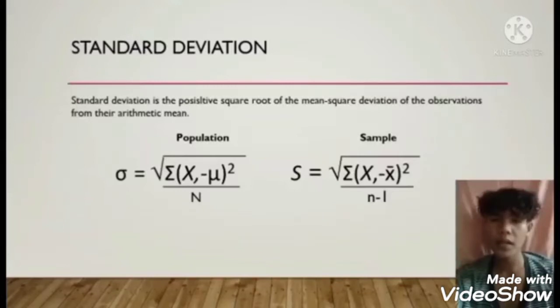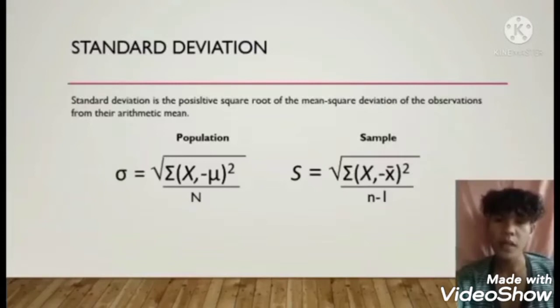The standard deviation is equal to the square root of the sum of all the differences between every point in the data set and the population mean, mu, squared, divided by n, which is the count of all the numbers in the set. So that's the population standard deviation.